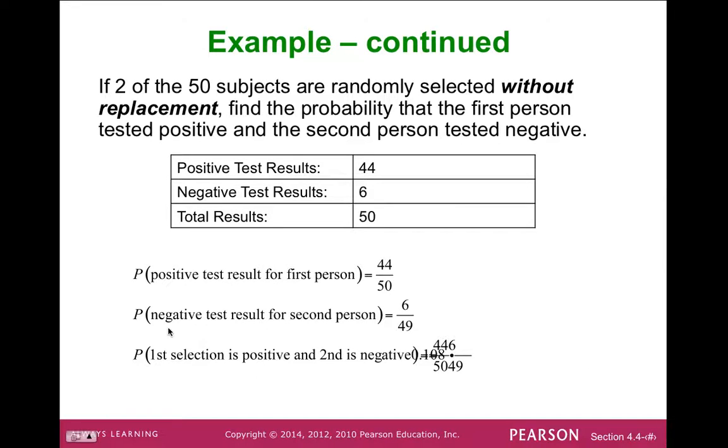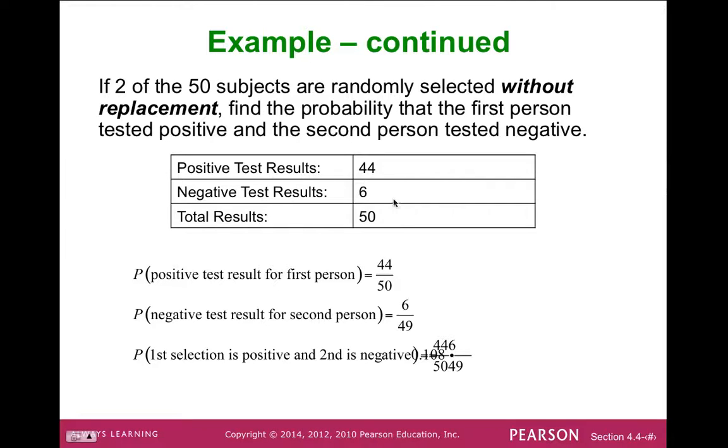And your second person is going to have a negative test result. Now let's look at our data up here. 6 people tested negative. Now, here's where the without replacement part comes in. We used one of our people for our first person who tested positive. So we don't have 50 people anymore for our second person who tests negative.